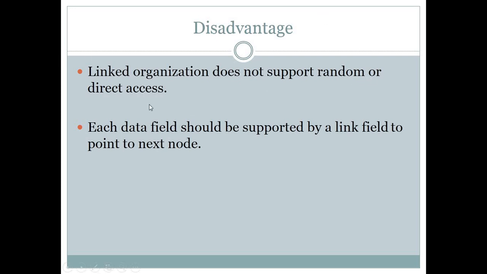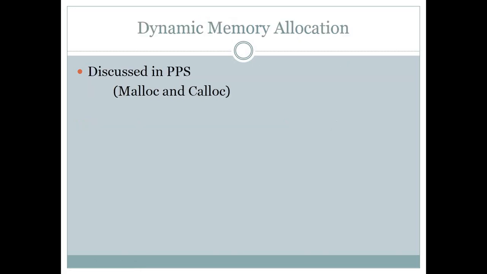So random or direct access is not possible. Next disadvantage is each data field must be supported by a link field to point to the next node. You will need to store the address of the next node. So these are the disadvantages of linked list.